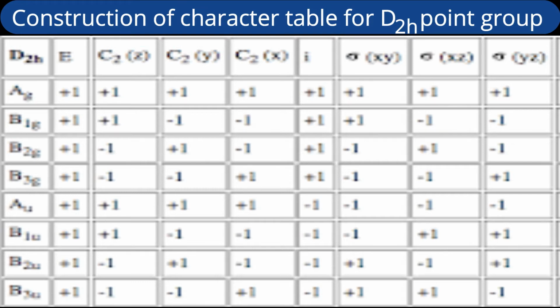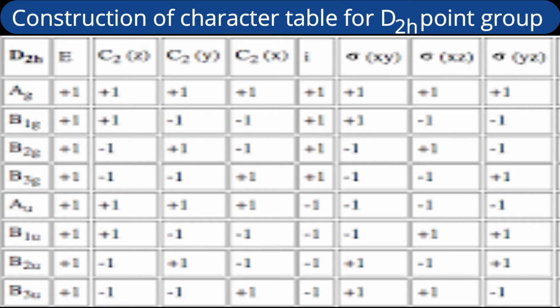Total 3 are there, meaning exactly deciding the principal axis is a tough task, but from a mathematical point of view, we are considering all are equivalent. So everywhere it is symmetric. So beyond doubt, the term A I have to use for this irreducible representation. And since it is symmetric about the center of inversion, the g will come. So Ag is the representation for the first irreducible representation.